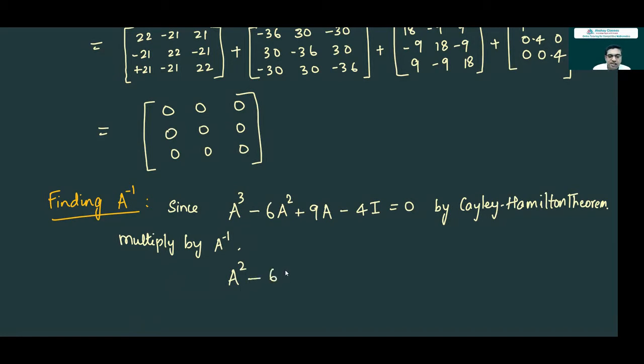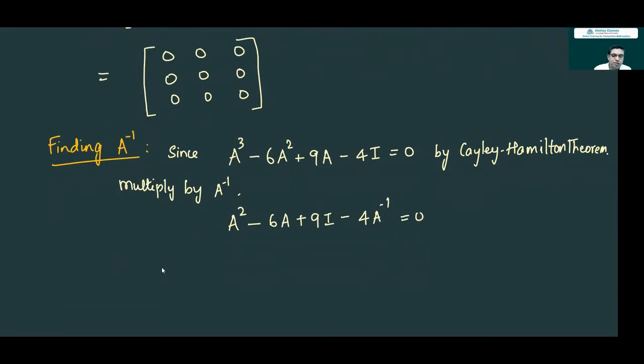Minus 6A plus 9I minus 4A inverse equals 0. Got it? So we get 4 times A inverse is equal to A square minus 6A plus 9I. A inverse is 1 by 4 times A square minus 6A plus 9I.